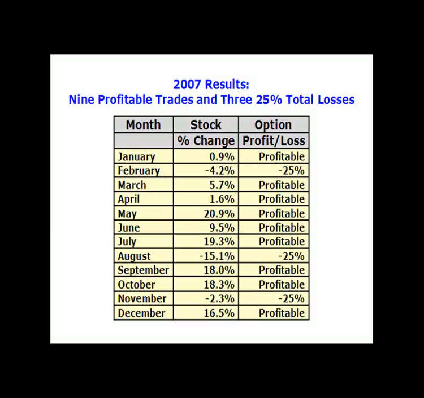Now, one of the big advantages of in-the-money call option purchase is that it enables us to employ our money management rules of limiting losses by exiting losing trades with a 25% loss, preventing a total loss of our trading capital. These trade examples clearly demonstrate that trading in-the-money options results in higher accuracy trading and reduces risk considerably compared to trading out-of-the-money options. This provides the best overall risk-reward profile for option trading.